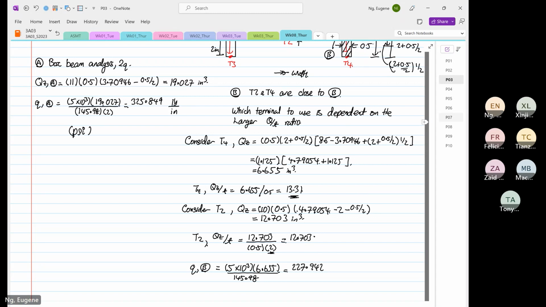No, force is pounds, this is inch cubed, this is inch 4, so pound per inch. So this is also pound per inch. So you have to pick the terminal with the larger value, not the smaller one. Then you can get the larger shear force.